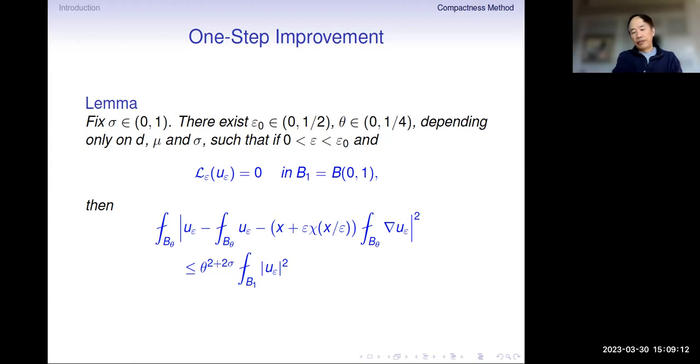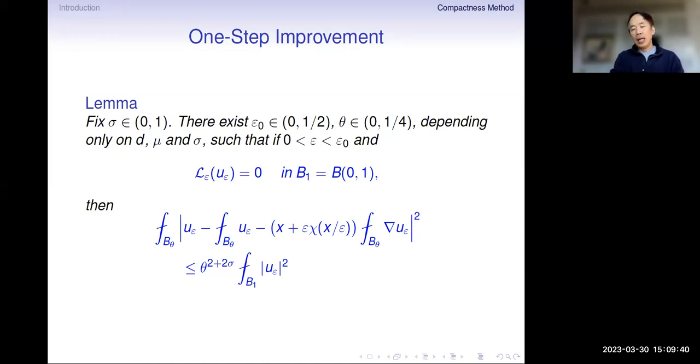If you think the corrector is not there, the first term I subtract is a constant, and the second term is just x times the average of the gradient, which is a constant. So you measure the regularity by the distance between the function and the linear function. The smaller the better.